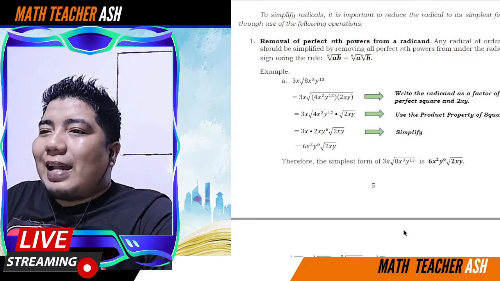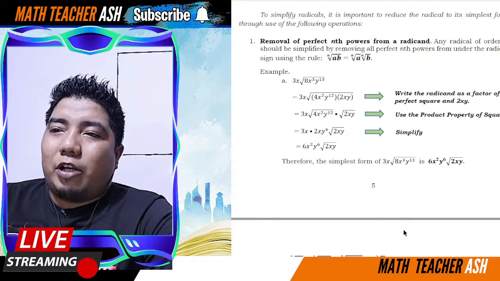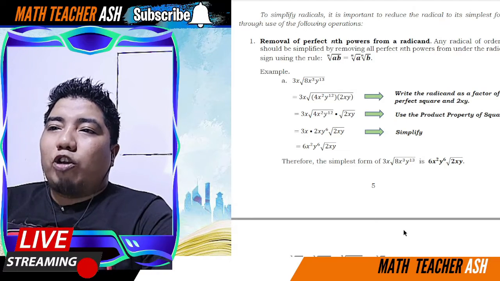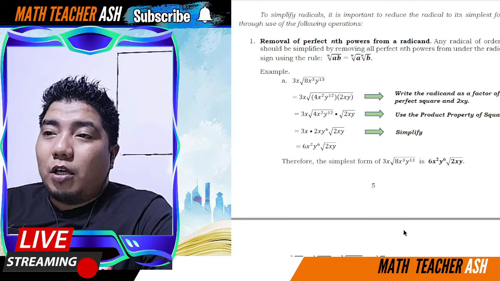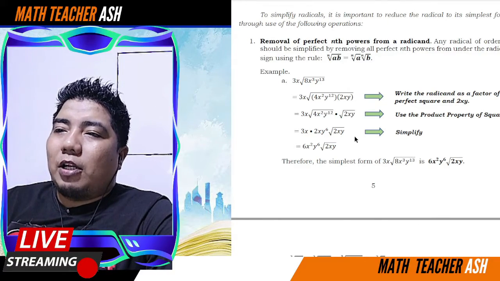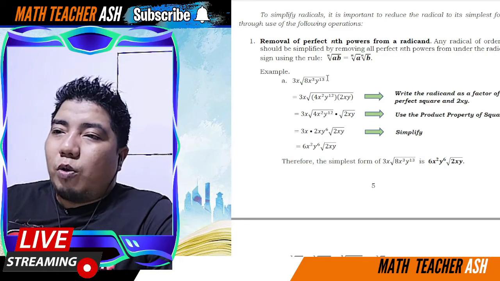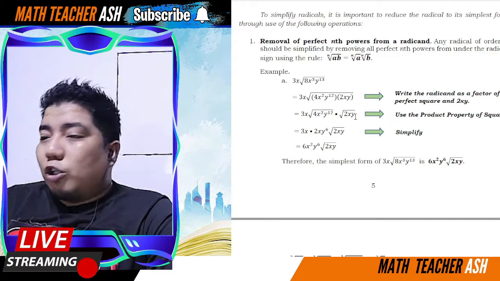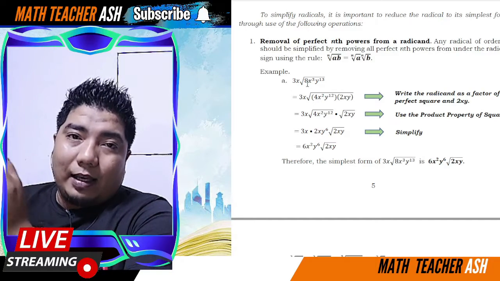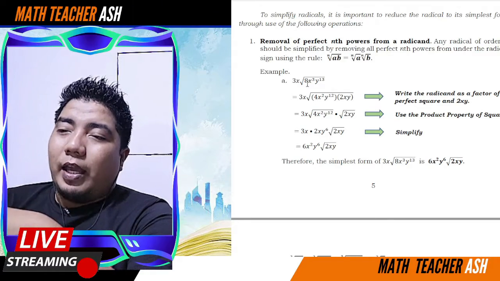Okay, so dahan-dahanin natin ang example na ito. So, we have an example in letter A, 3x square root of 8x cubed y to the power of 13. Okay, so paano to siya? Now, my dear math learners, ang gagawin mo dito, in terms of the number, so, we have here 8, right? So, ang gagawin mo dyan is to check whether ang 8 ba pwede nating i-break down into factors in which one factor is a perfect square.